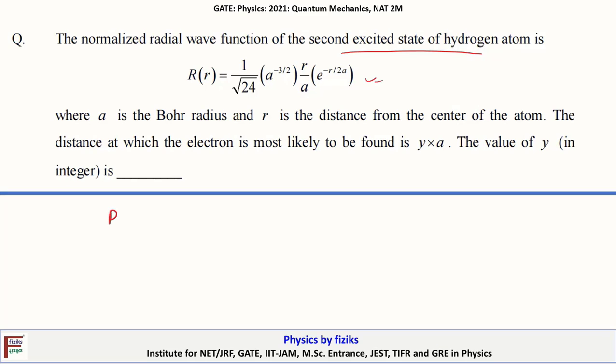So probability density is in general represented by mod psi square, or here I would simply write R of r into r square dr. That gives us 1/24 a cube into a square into r square e to the power minus r/a into r square dr.